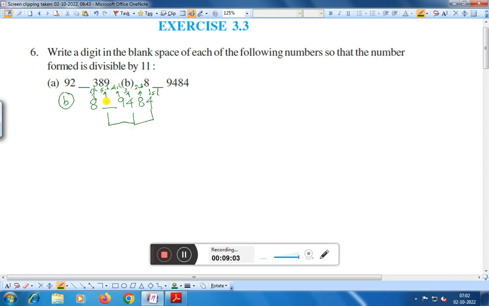Suppose we have taken one number, suppose the number is a, right?